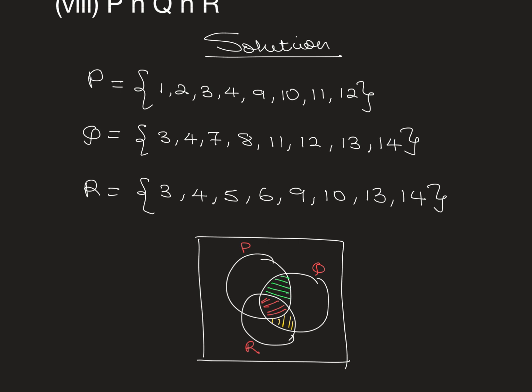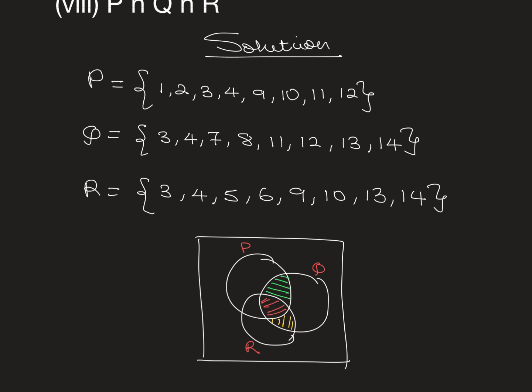And what are those numbers? If you look at it, they are 13 and 14. So this is where you're going to write 13 and 14.